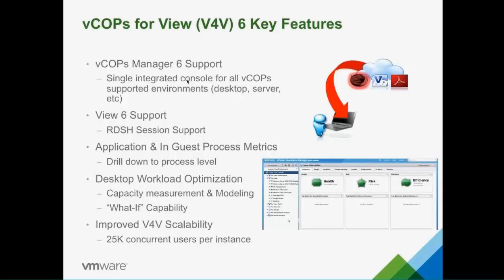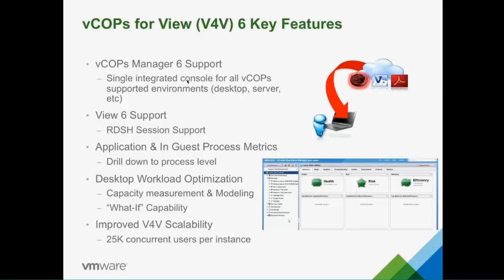And so because of that, we're making all sorts of new investments and new advancements when it comes to vCenter Operations, especially as it relates to Horizon 6. Most specifically, we're integrating support for the RDS hosted application.